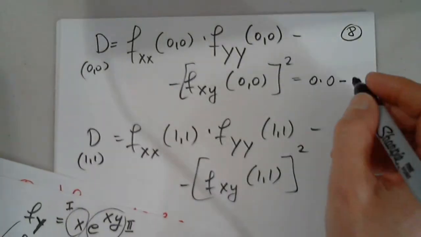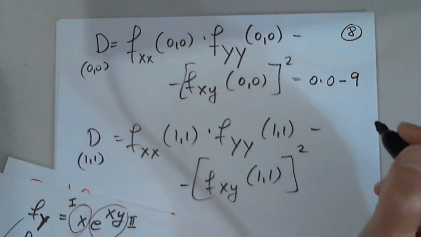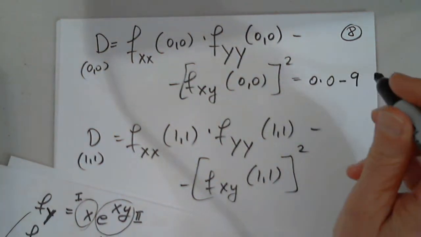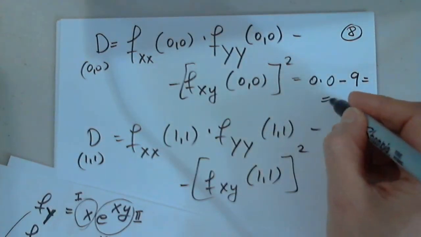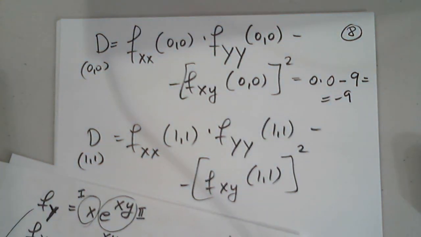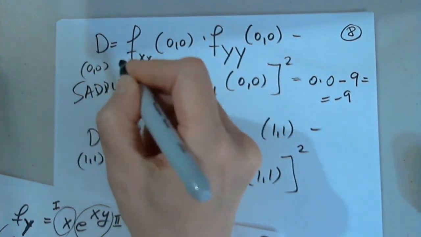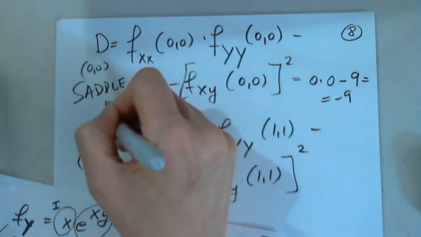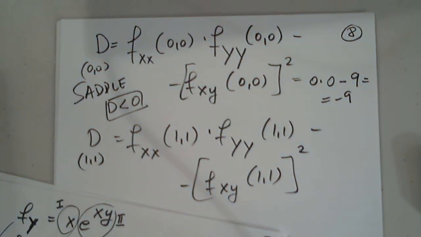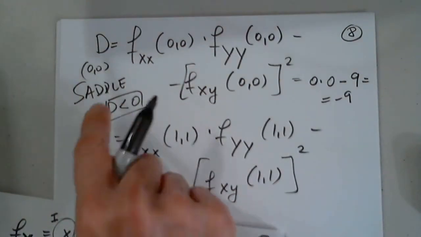Fxy will be negative 3, so times 9. So 0, 0 minus 9 will be negative 9. And when D is a negative number, this is a saddle point. D is less than 0. So this is not a max or min.